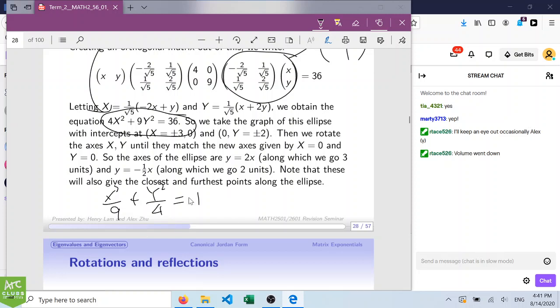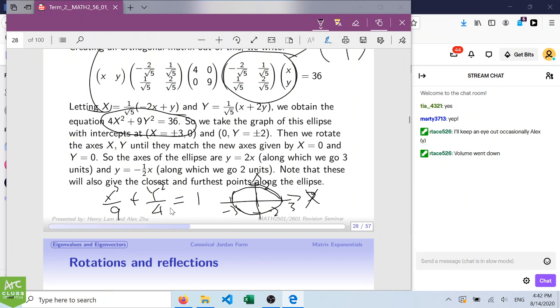This is an ellipse with major intercept 3, minus 3, and minor intercept 2, minus 2. So major is the big one and minor is the small one. That's how we normally understand it, and that's how we can graph this ellipse.